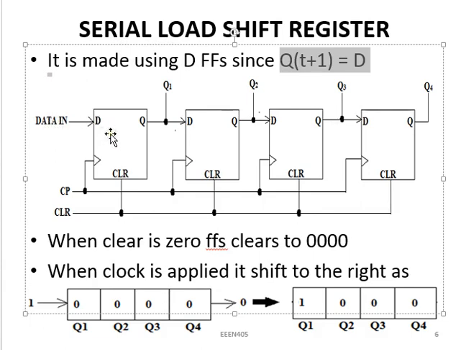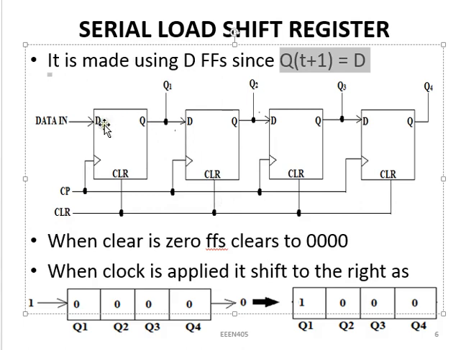Also, as we know, flip-flops need a clock input, a signal that will be driving them, and this is our clock that is driving all the 4 flip-flops we have. At the same time, all the flip-flops have a clear terminal, so if you want to reset all of them to 0, you apply 0 at this clear terminal.